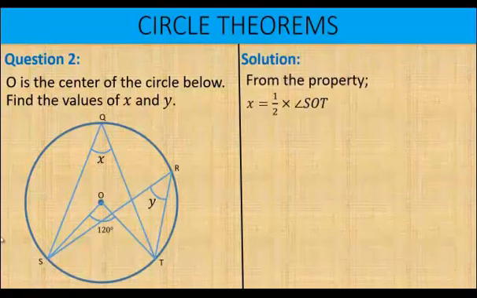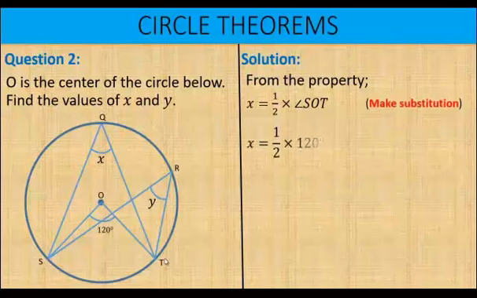From the property, we can say that x is equal to half of angle SOT. Likewise, we can also say that y is equal to half of angle SOT, but I chose x. So let's move on.